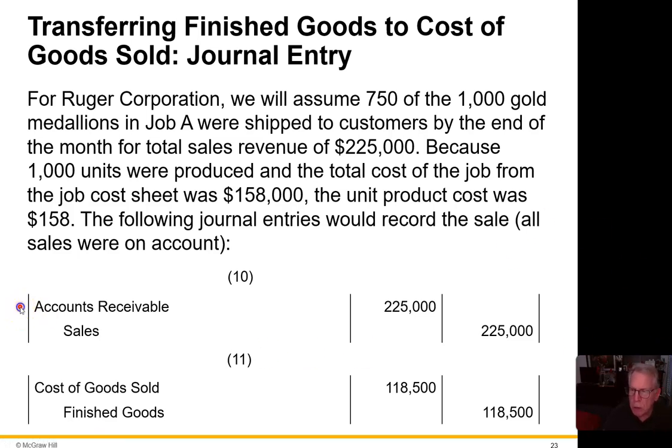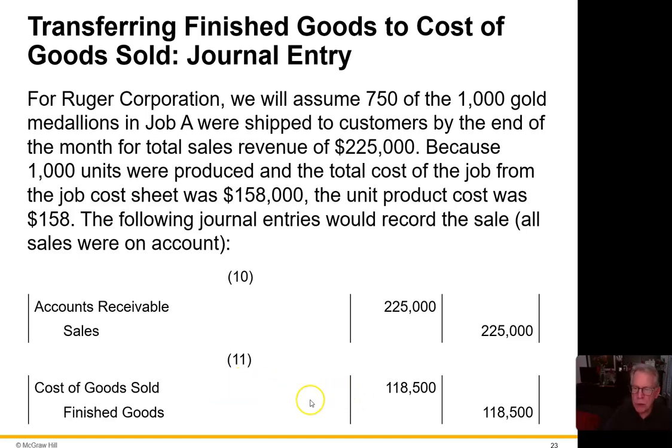So we're going to expect to get that from customers for $225,000. Here it is. We debit accounts receivable, credit sales, and we're going to debit cost of goods sold for $118,500 and credit finished goods, or reduce it by $118,500, because it's going out to our customers.